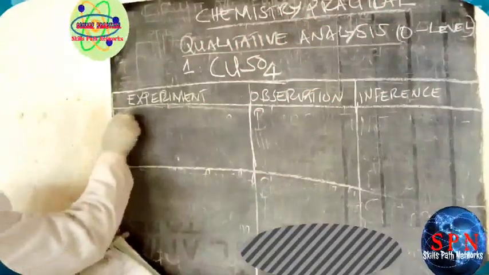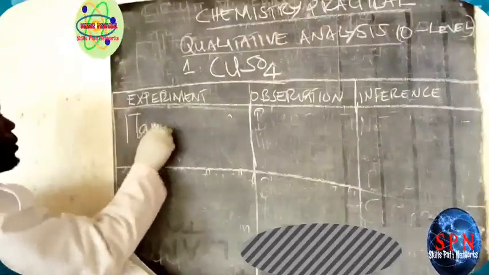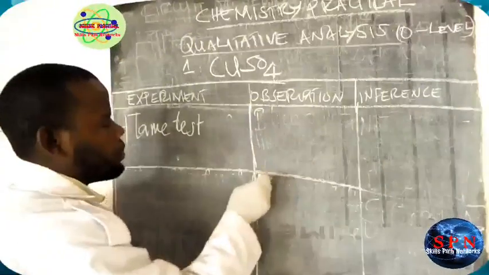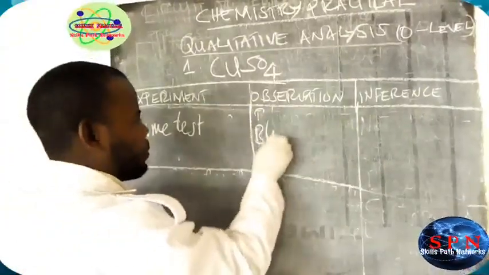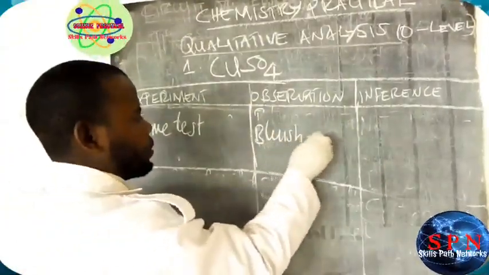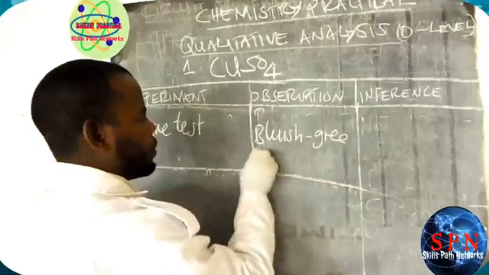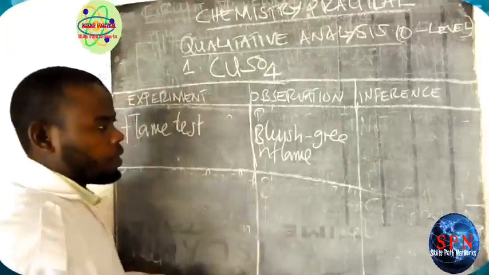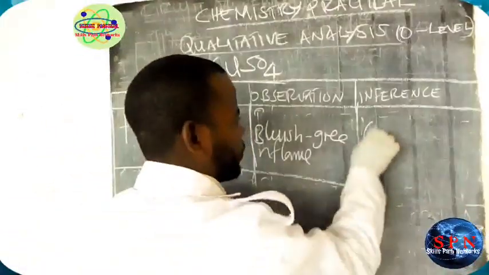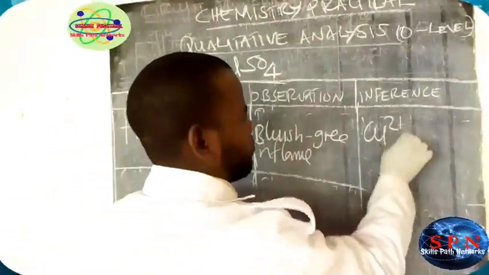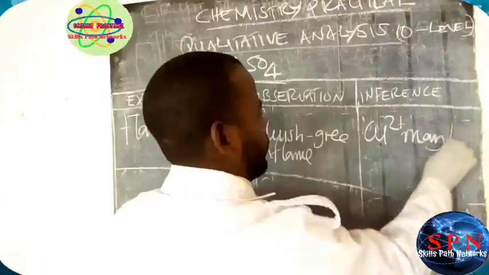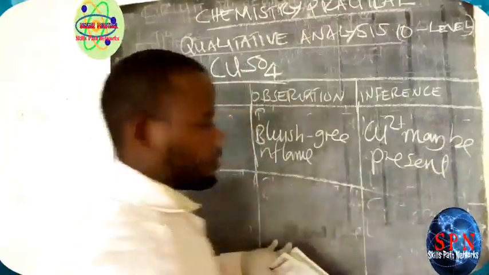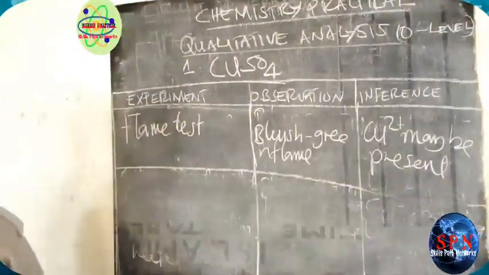So on the flame test, we observed a bluish green flame, and it means copper 2 ion may be present. That is the flame test.